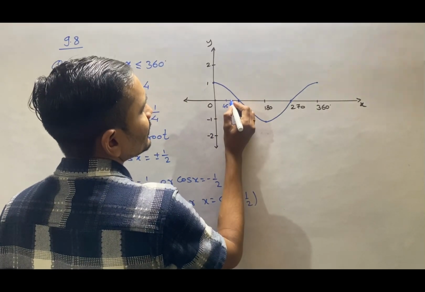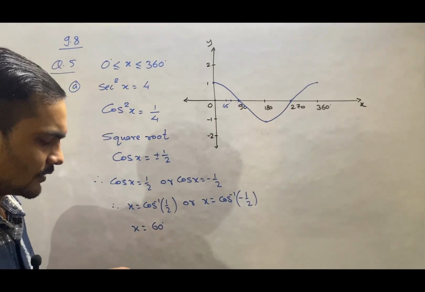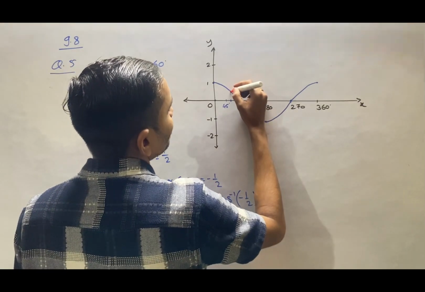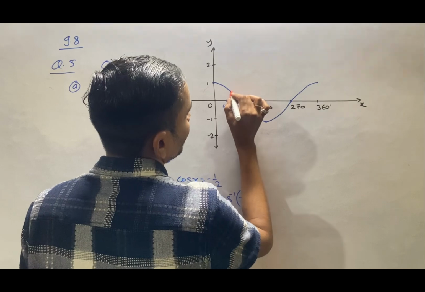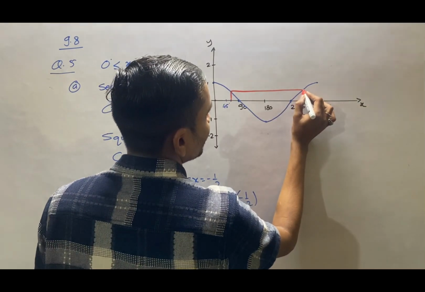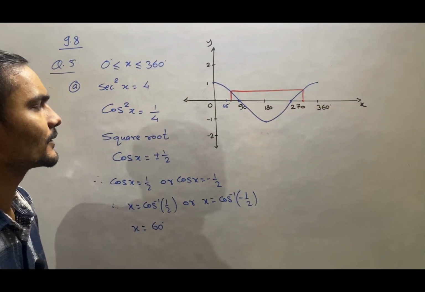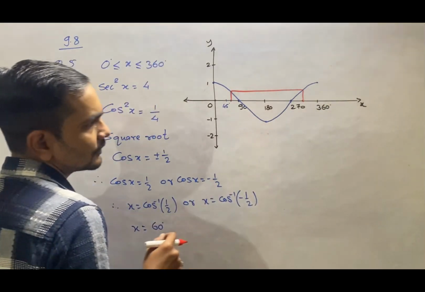So after 45 we will assume this is 60, something here. So now what we will do, we will draw a line parallel to the x-axis where the curve intersects again and draw a perpendicular on the x-axis.